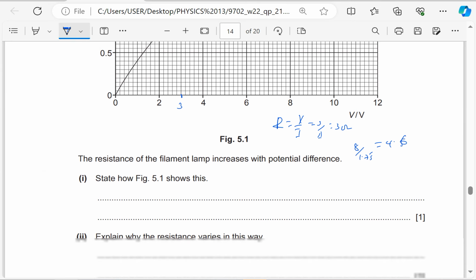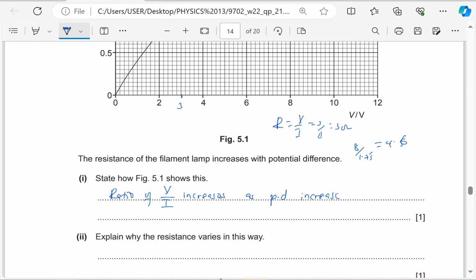So we see that the ratio V over I is increasing, which means the resistance is increasing. So the ratio of V divided by I increases as the PD increases, so our resistance increases.